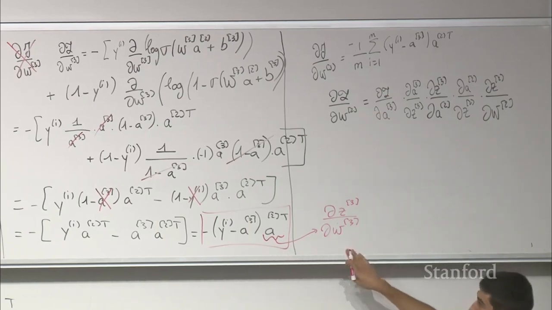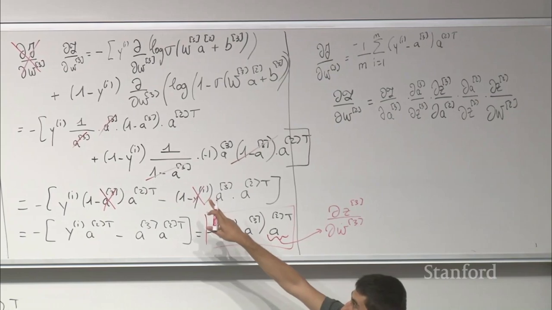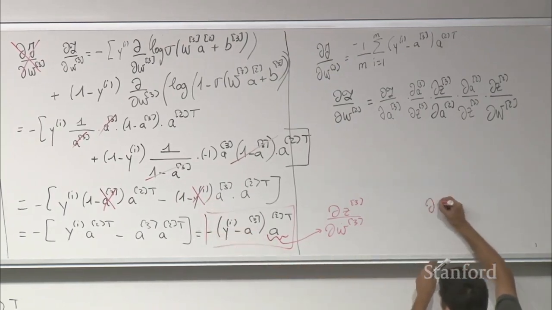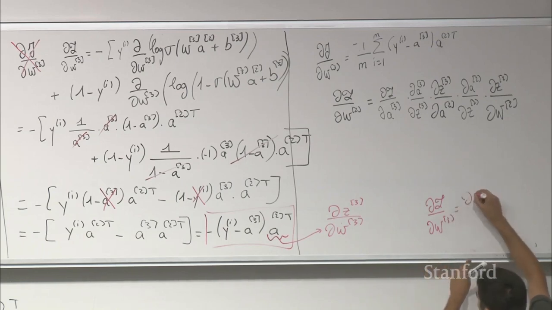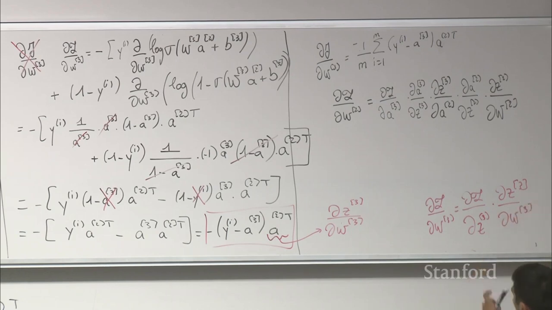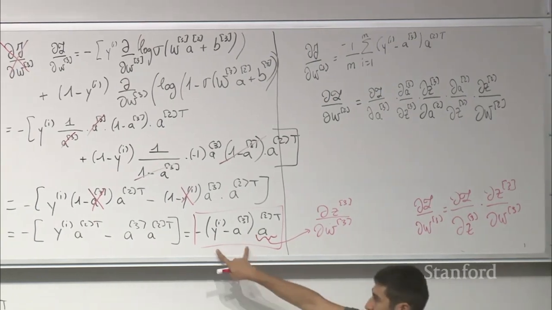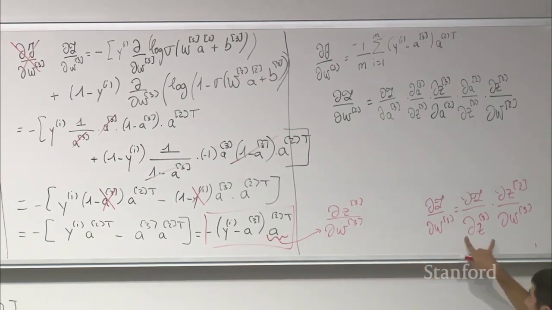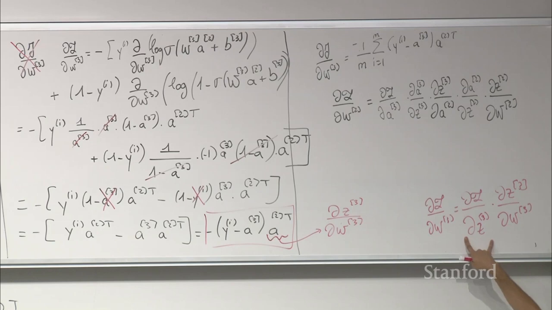I know that because I wanted to compute the derivative of the loss with respect to W3, I could have written it as the derivative of the loss with respect to Z3 times the derivative of Z3 with respect to W3. Correct? And I know that this is A2 transpose, so it means that this thing is the derivative of the loss with respect to Z3. Does it make sense?